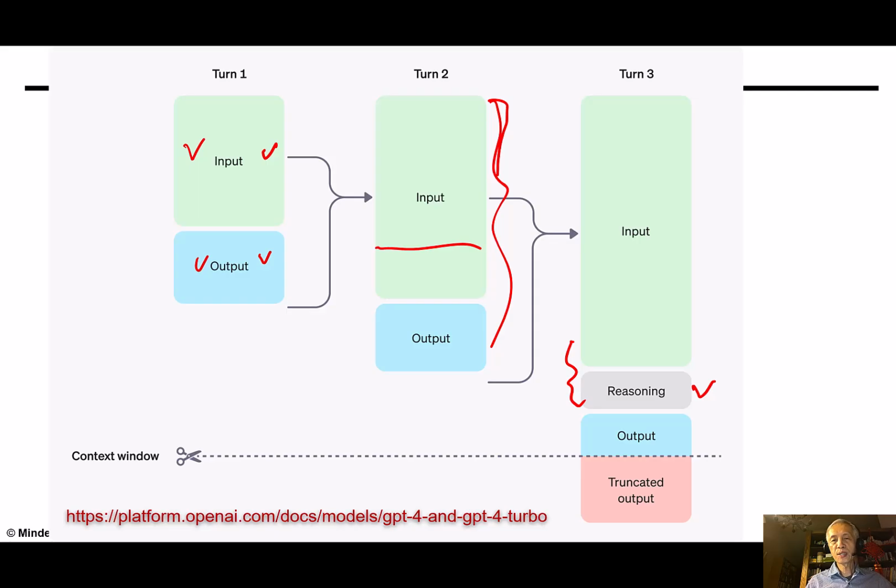Okay, so this is multi-turn prompting, and we need to understand what the input is that was sent to the system when we ask a question.